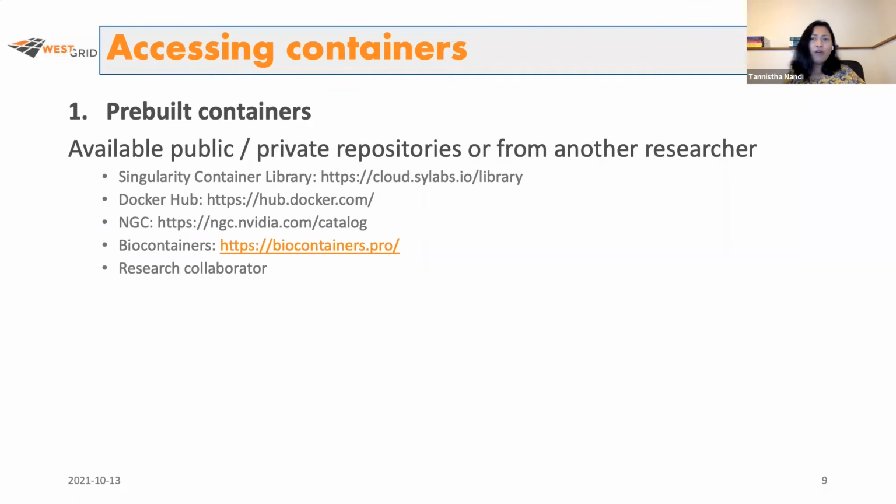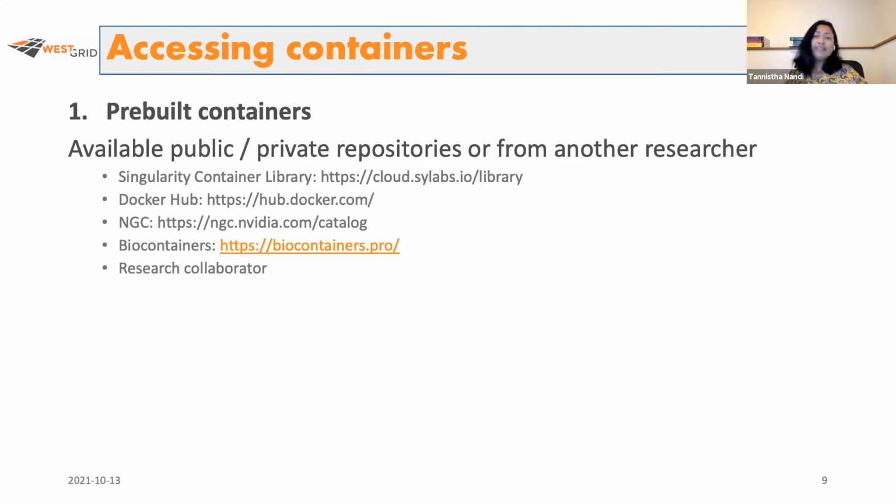You can look for them in different container registries. Some of them I have listed here, like Singularity Cloud Library, Docker Hub, biocontainers. We also have GPU containers from NVIDIA and so on. Or your research collaborator can also build a container and pass it to you.